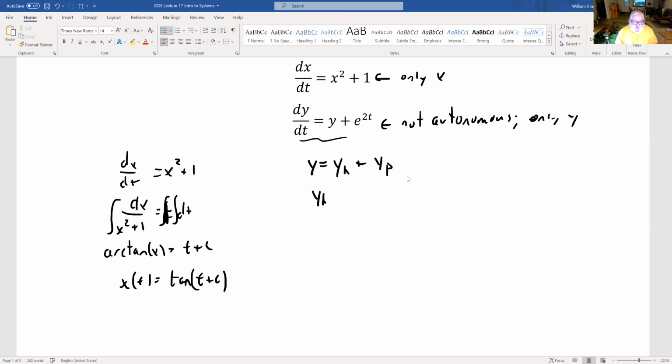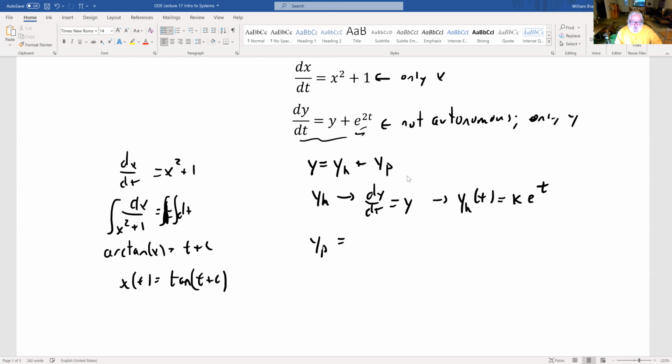The homogeneous solution, remember, is from the equation dy/dt equals y. We ignore the part e to the 2t, and we get y sub h of t equals k e to the t. That's my homogeneous solution.